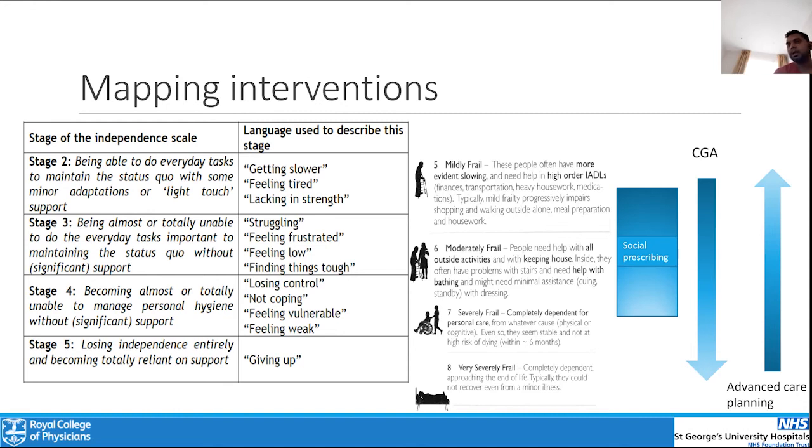The same goes for comprehensive geriatric assessment, whereas the more frail your patient is and the more they are approaching a lack of reversibility, where they are more vulnerable and at risk of adverse outcomes, and are perhaps even approaching the end of their life, then advance care planning conversations become more of the priority, and talking about the fact that their frailty is less reversible.